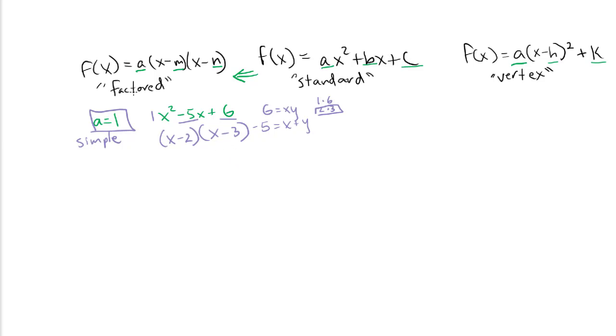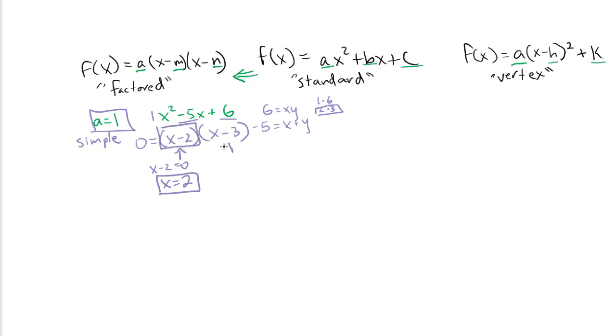Okay. So how do we solve for the roots? Well, we set that function value equal to 0, and we take advantage of the zero product property. If that parentheses evaluates to 0, the whole equation is true. So x minus 2 equals 0, and solving for that, x equals 2. 2 is the root or x-intercept that's associated with the factor x minus 2.